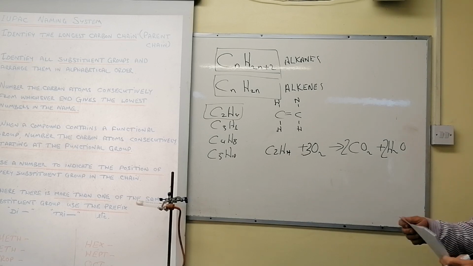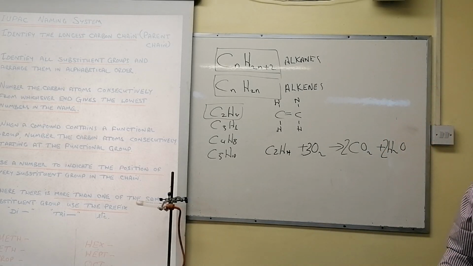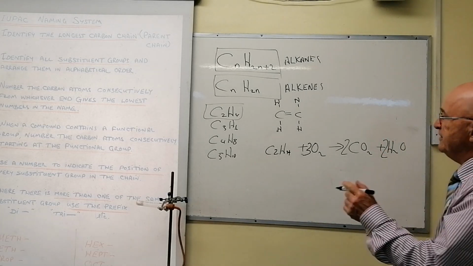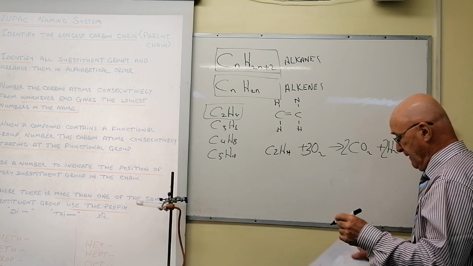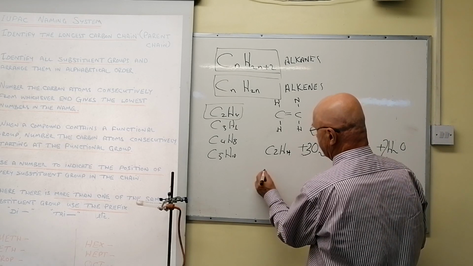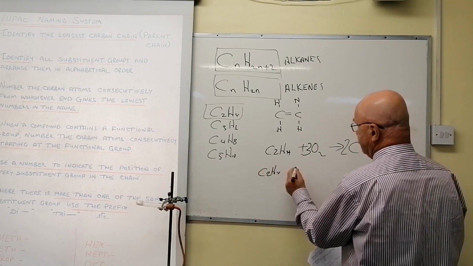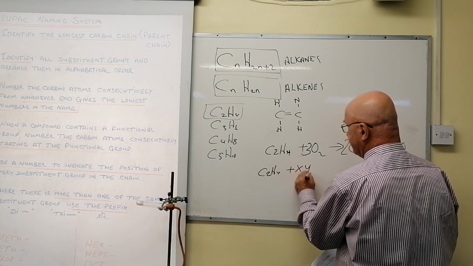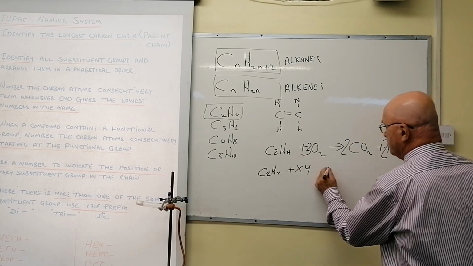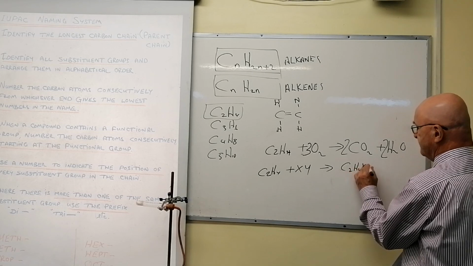Now the idea of an addition reaction is much more demanding, and we have to be careful with this. This is the minimum you need to know, but you do need to know this. Basically, an addition reaction, I'll write it twice for you. C2H4, and we're reacting anything you can react with it. I put in plus XY in your notes. What you're going to get is C2H4XY.